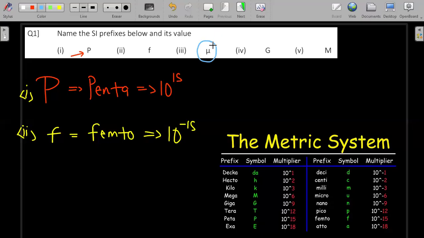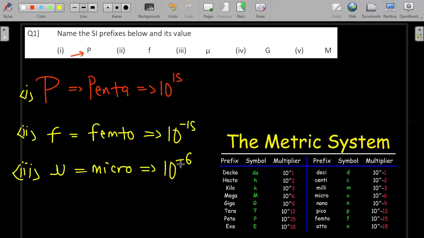It looks like a U, but it has a little tail like this. That is what we call mu, and mu represents micro. So number 3, whenever you see a mu like this, a U with a tail, that represents micro. Micro has the value of 10 to the power minus 6. You can even see it from the table. Make sure you memorize this, because they'll just pick any of these and bring them.